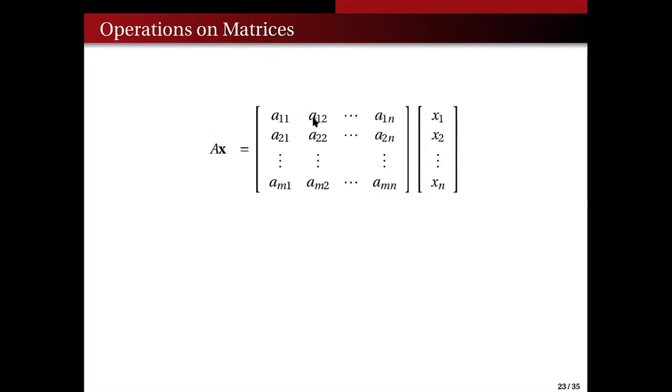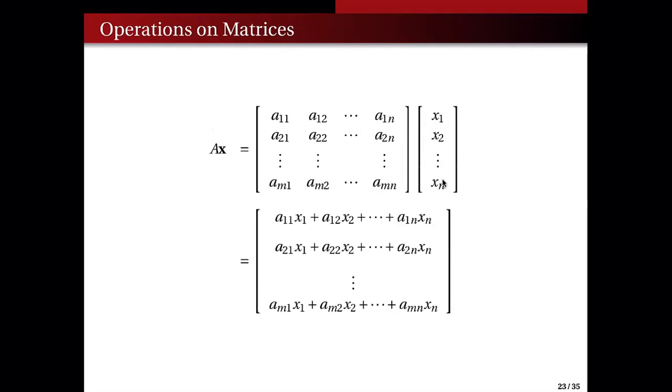So you start with AX. You have this matrix and this column vector, and you can do the multiplication: first row multiplied to the column, second row multiplied to the column, etc., last row multiplied to this column.